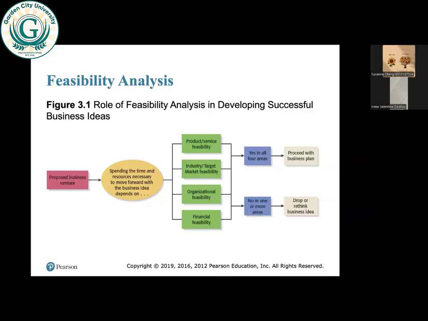That means actually starting to implement that idea will depend on these 4 critical areas. If you move straight from idea generation into launching the business, you are in trouble.